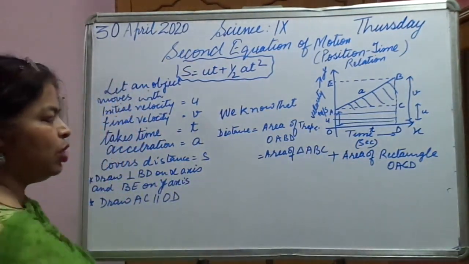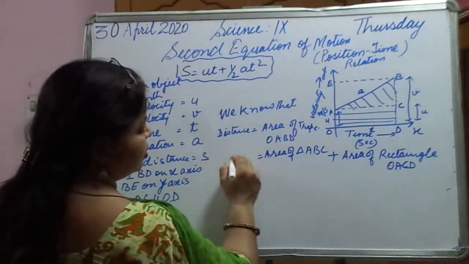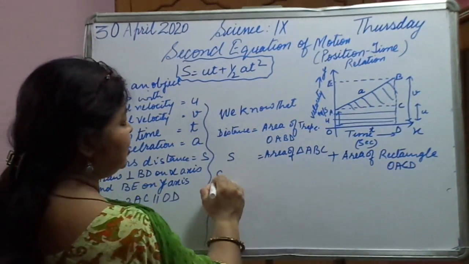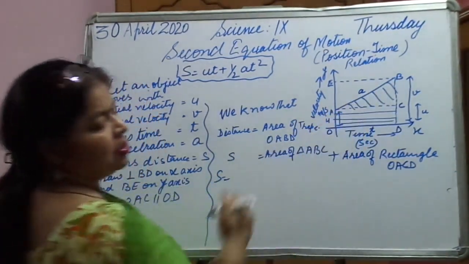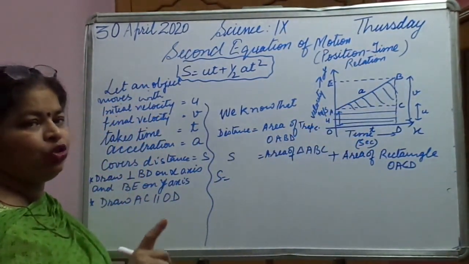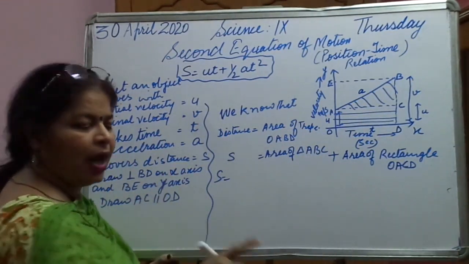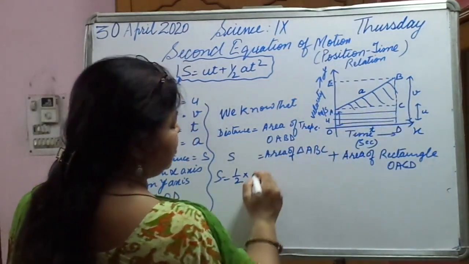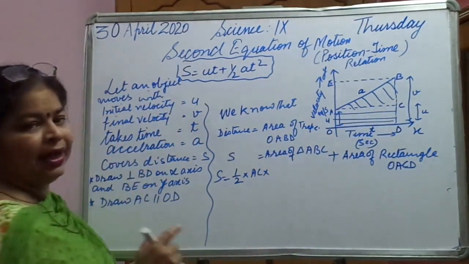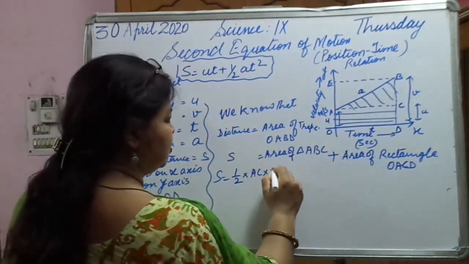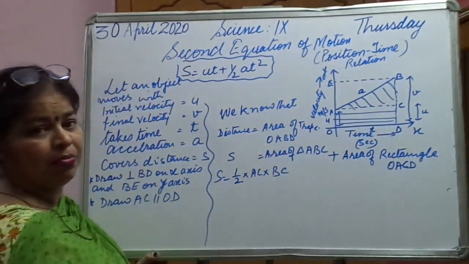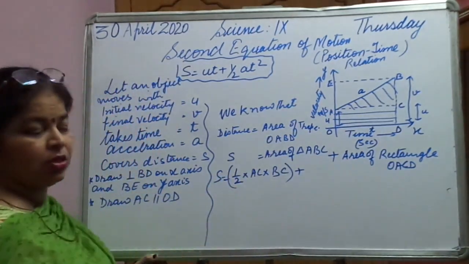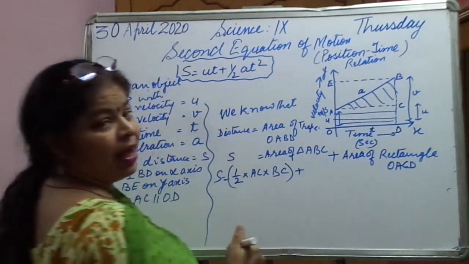Okay, so let us see what the area of the triangle is. So we can write distance is equal to S. S is equal to area of triangle ABC, which is 1/2 into base into height, so 1/2 into base AC into height BC, plus, in a bracket, area of rectangle OACD.